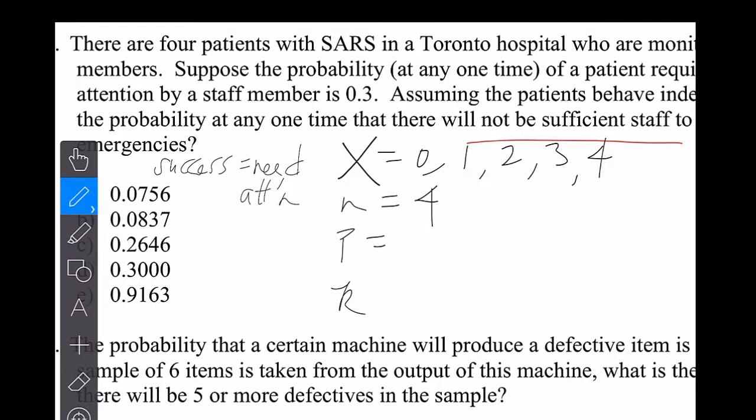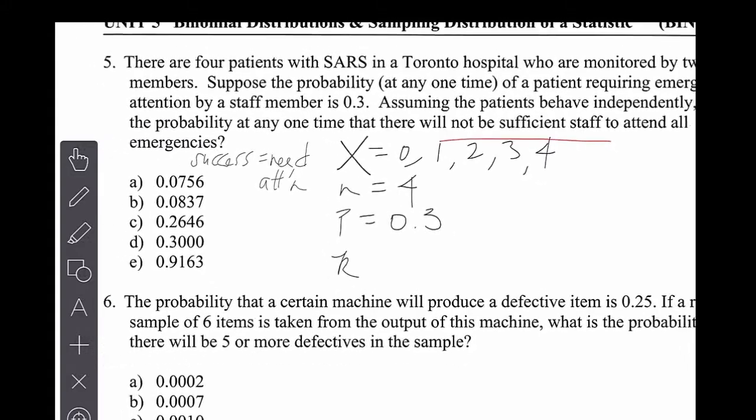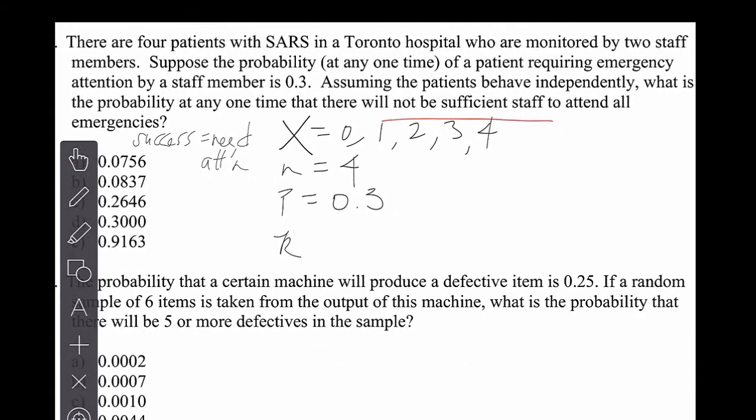The way I figured out the success was working with the information I was given about the probability. Okay, I have to actually start from there. It was this sentence that tipped me off: the patient requiring emergency attention by the staff is 30%. That's the only figure I was given. So that's how I have to frame the problem, or my response to the problem.